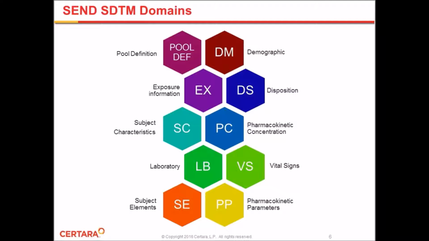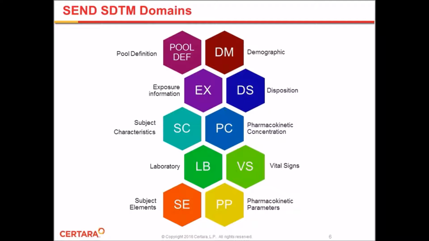Obviously, the demographic domain would include demographic data, and the PC domain would include your time concentration data that you use for your calculations for your pharmacokinetic parameters. Now, the domains are structured in such a way that you can join these domains together to make a superset.